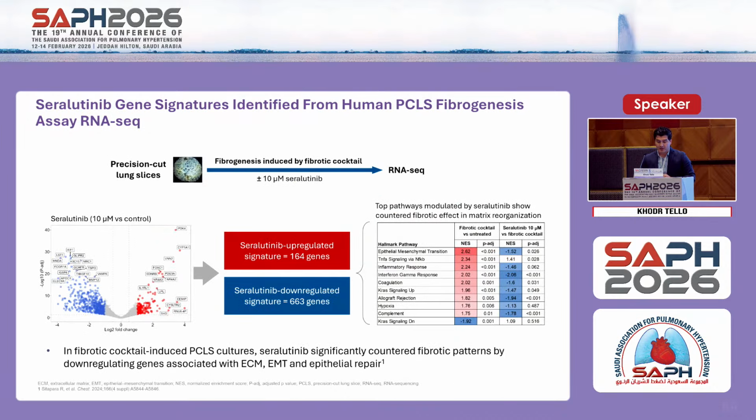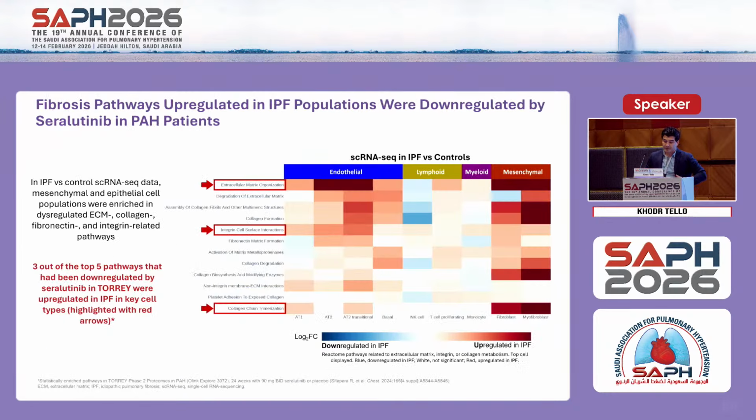And this was again, in comparison to nintedanib, a very good hint that it does work, it might work. Going to the gene signatures, there were precision-cut lung slices, and the fibrogenesis induced by the fibrotic cocktail on these patients, and then seralutinib was added. And in that fibrotic cocktail-induced PCLS culture, seralutinib significantly countered fibrotic patterns by downregulating the genes which were associated with ECM.